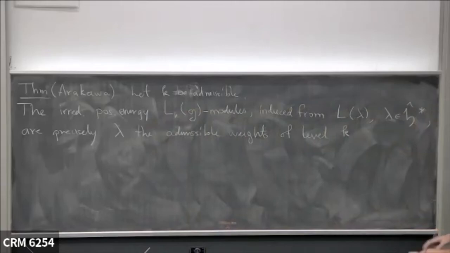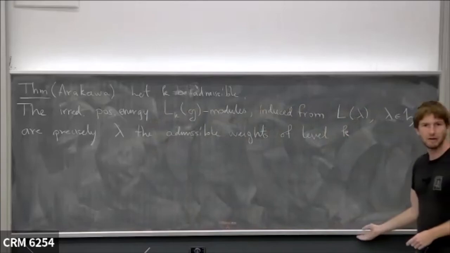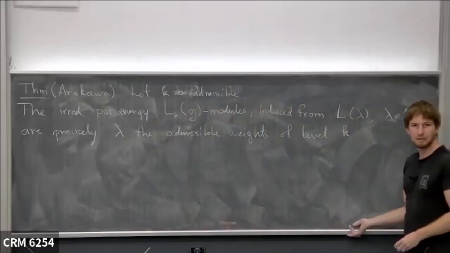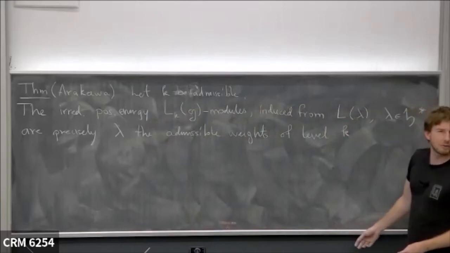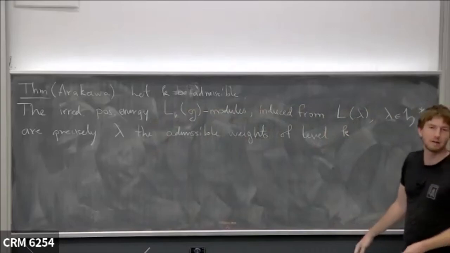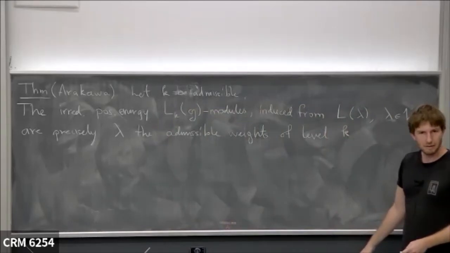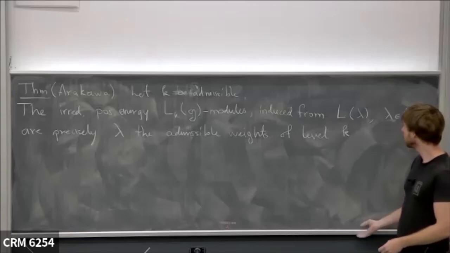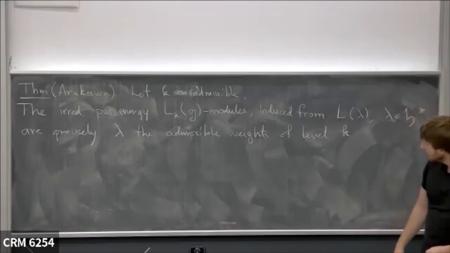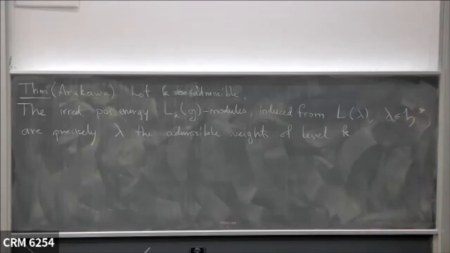Oh yeah, I guess. So it's the irreducible module associated to this weight. L lambda is the irreducible module associated to lambda, the quotient of the Verma module by the maximal submodule. Yeah, it is irreducible. I just don't remember what is L lambda.